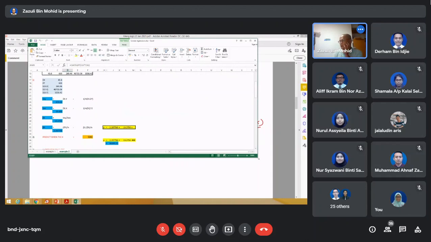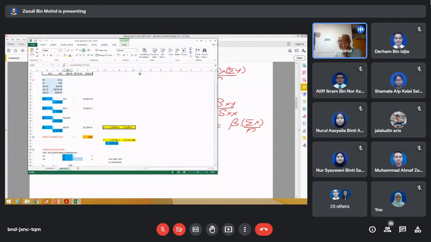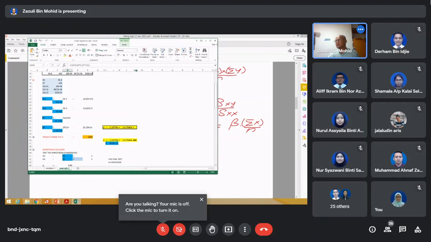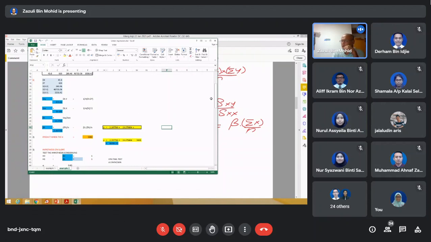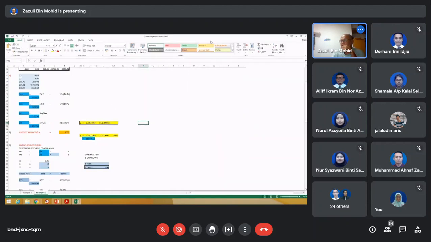Actually I calculated using the Excel, and I can find the values as shown in this figure here, in this screen. Sorry, hang on. So if you are using the Excel, this is the view that I already prepared.